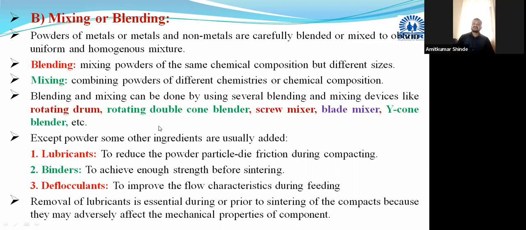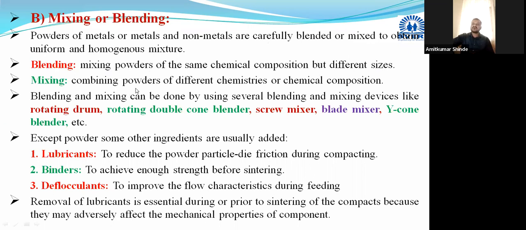Then what is the difference between blending and mixing? From the words you will find that they are similar, but there is a small difference. When we are mixing powders of the same chemical composition but different particle sizes, it is termed a blending process.